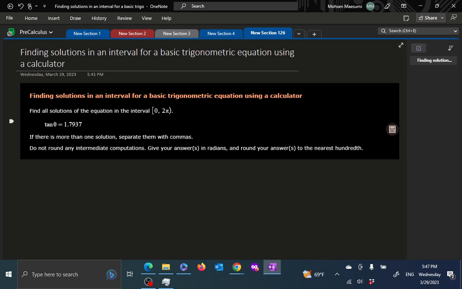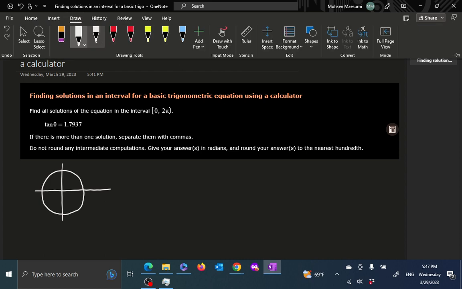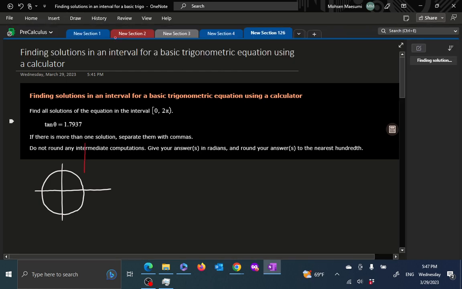So again, let's practice one more time. How do we eyeball the answer and get an idea as to what we are looking for? So we draw the unit circle for all of these cases. We draw the axis related to the function that we have. So here is a tangent. So the tangent axis, we said it looks like this.